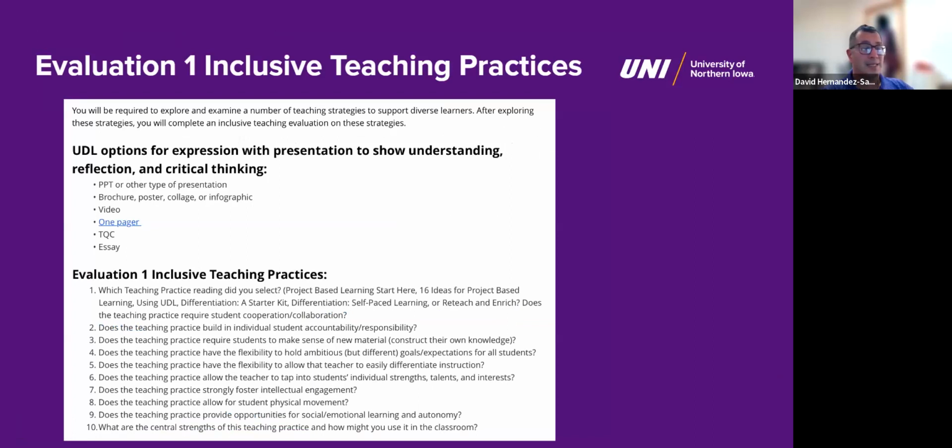After exploring these strategies, you will complete an inclusive teaching evaluation on these strategies. Again, you could express yourself in a brochure, a PowerPoint, a video, a one-pager, a TQC, or an essay, or a visual representation.